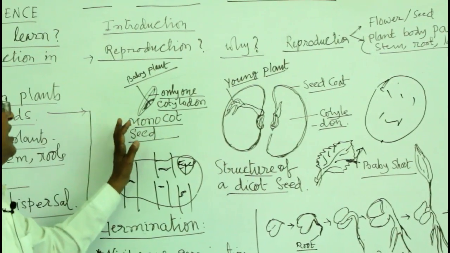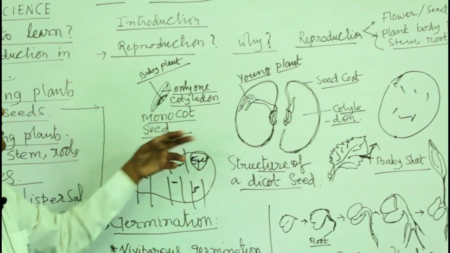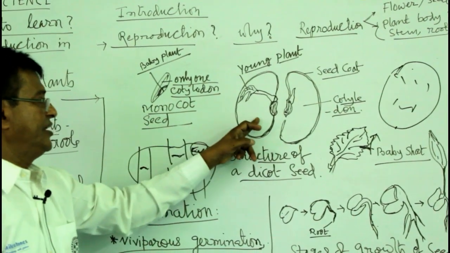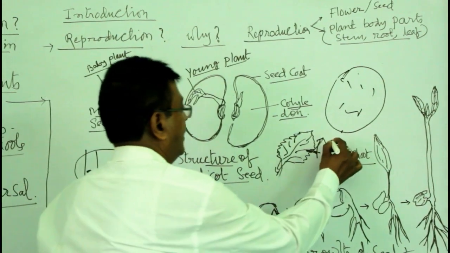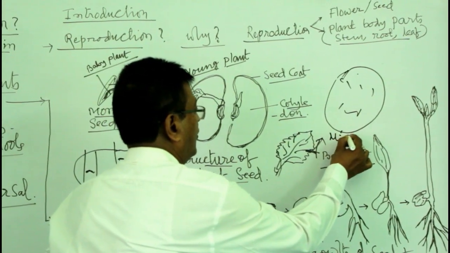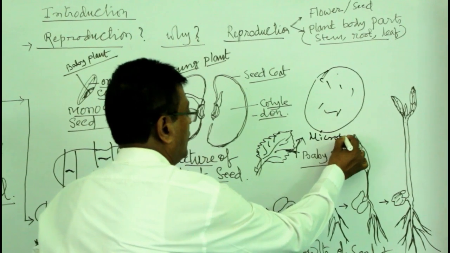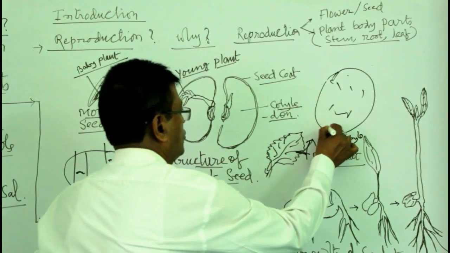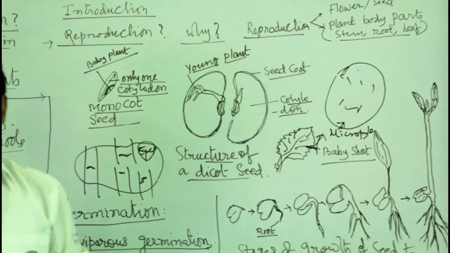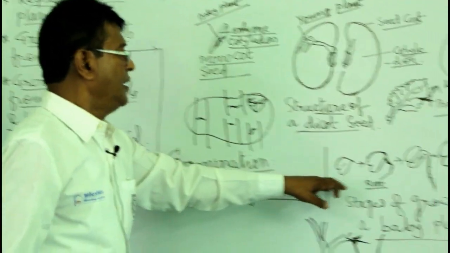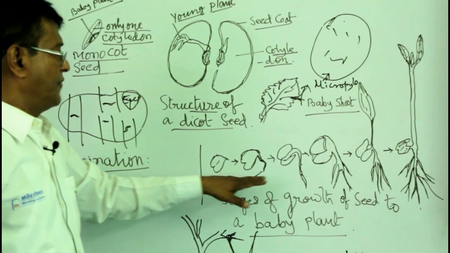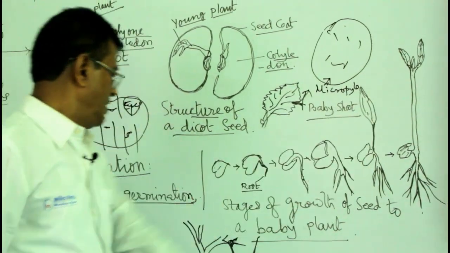Here is the internal structure of the seed, monocot seed and dicot seed. And remember, there is a hole which is known as the micropyle, through which gaseous exchange is done and the seeds can breathe. This is the process of germination from seed to sapling.